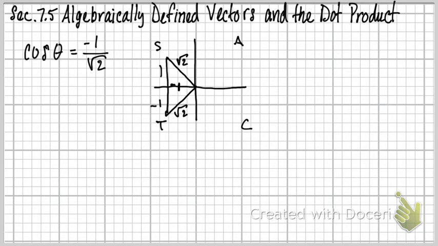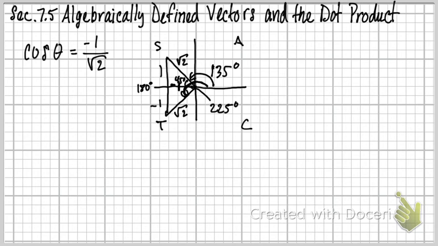Okay, and that angle then, what is that angle going to be? I know this reference angle here is 45 degrees. So this angle here is 135 degrees. And if I went further to the other one, that's going to be 180 degrees plus another 45 degrees. So this one here is going to be 225 degrees.